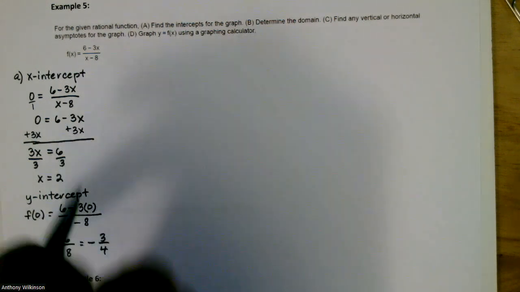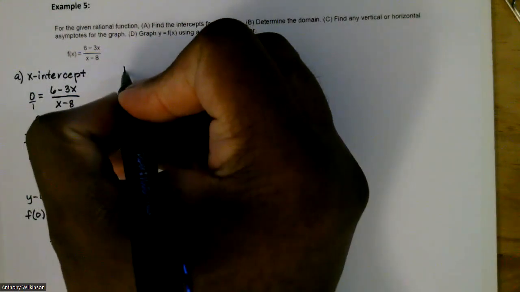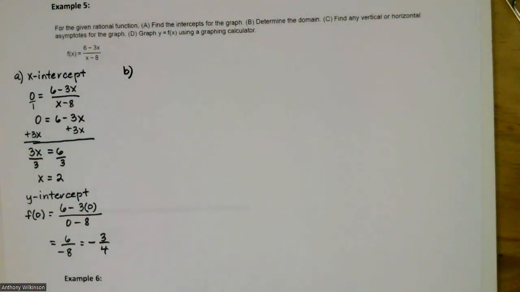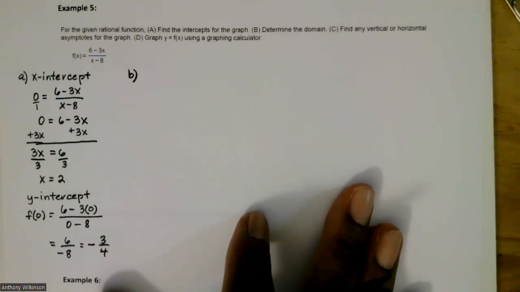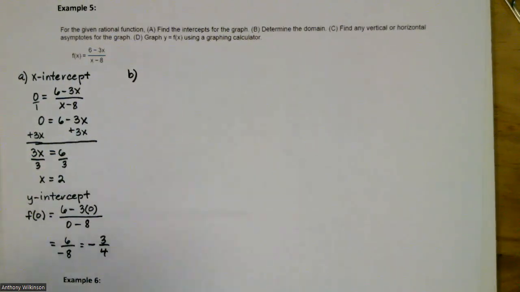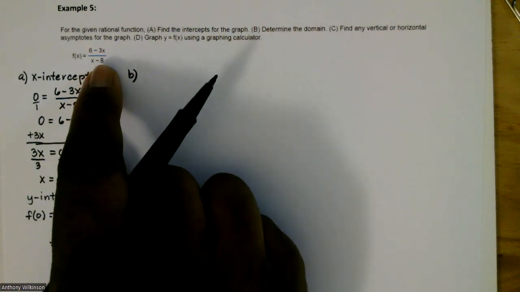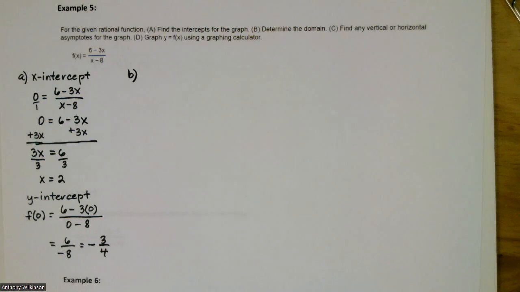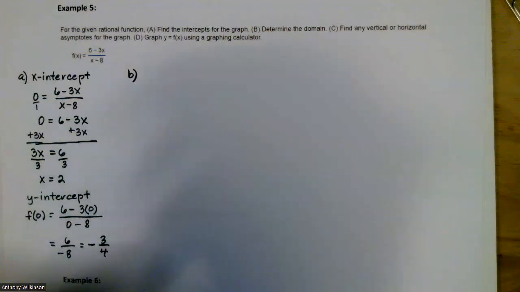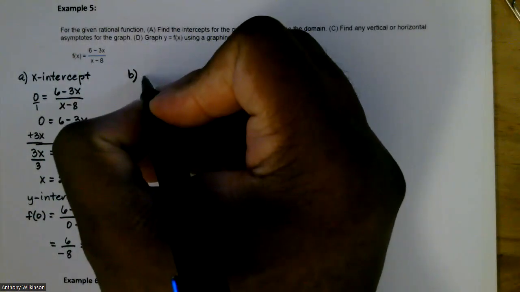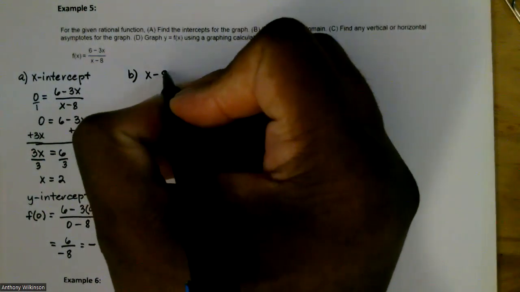So all of this is part A. Part B is to determine the domain. Well, anytime we want to identify the domain, we take that denominator and set it equal to 0, because we want to find out what values of x would give us a 0 in that denominator. And our denominator in this case is x minus 8.